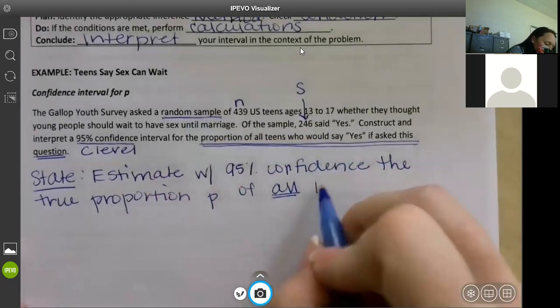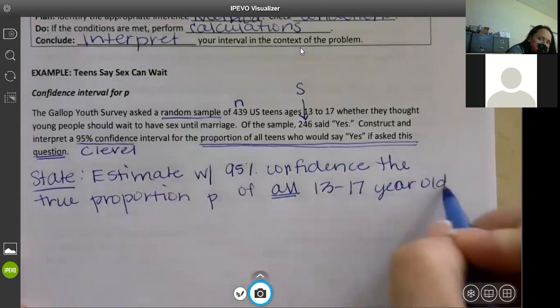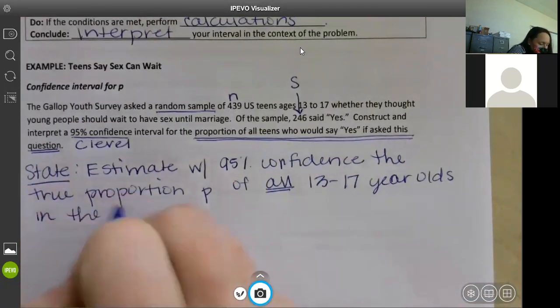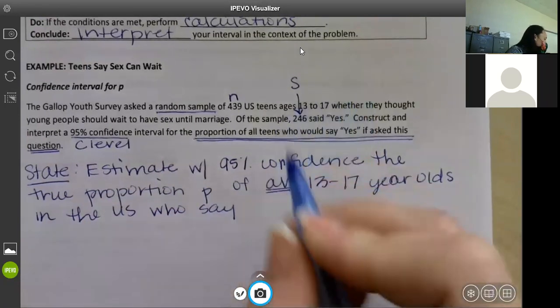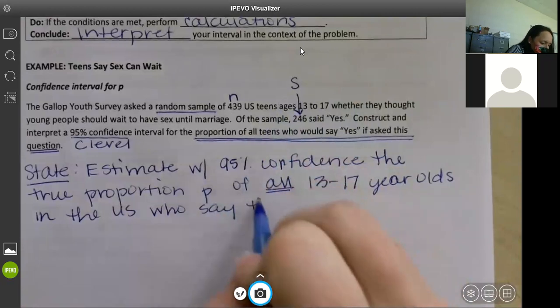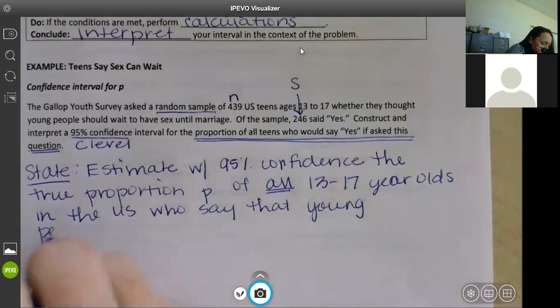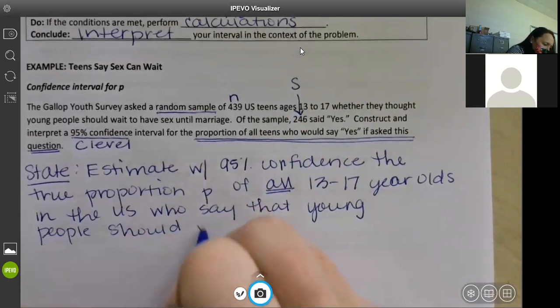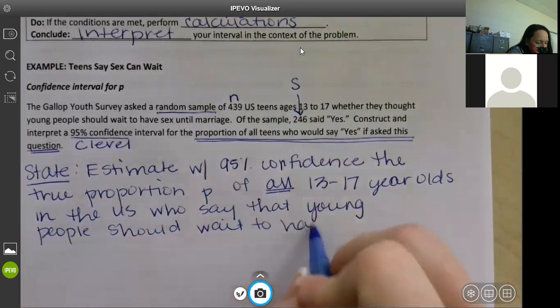Of all 13 to 17-year-olds in the U.S. who say that young people should wait to have sex till marriage.